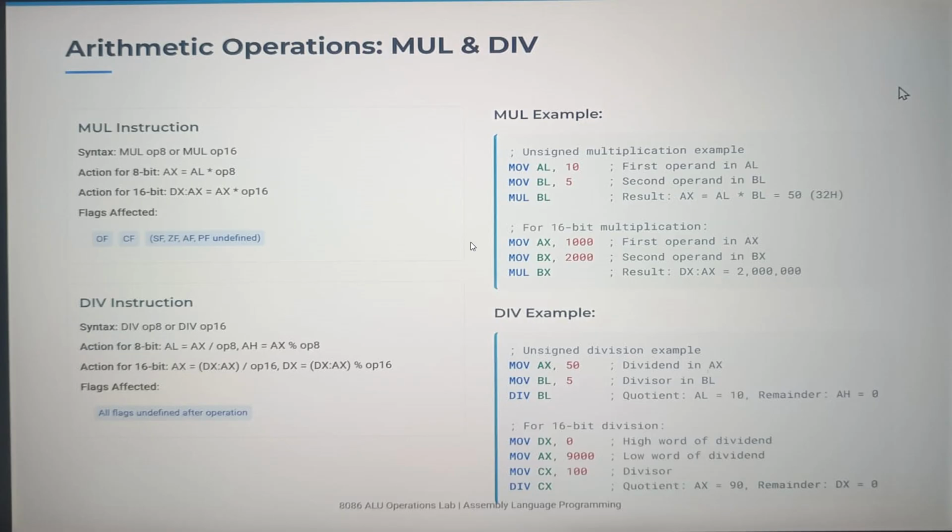For division, first of all we move both the numbers, AX and BL. Then we perform division by BL and store the quotient in AL and the remainder in AH, or we can also use DX here as given in the example.